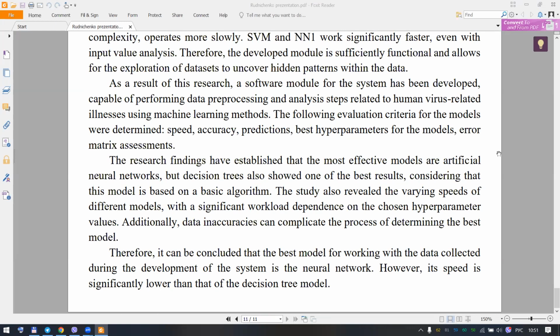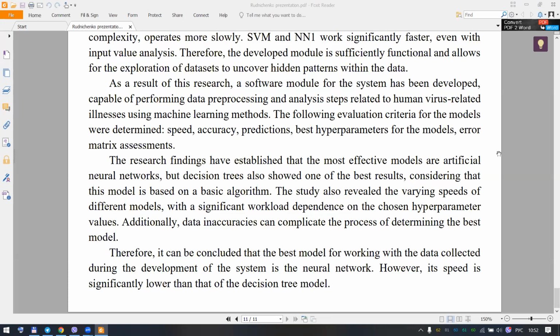But decision tree also shows one of the best results, especially random forest, considering this model is based on a basic algorithm, and the study also revealed the varying speeds of different models with a significant workload dependence on the chosen hyperparameter values. Additionally, data inaccuracies can complicate the process of determining the best model.